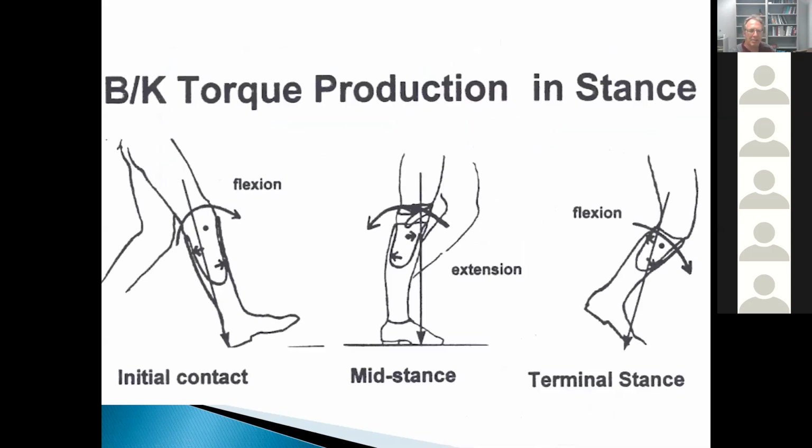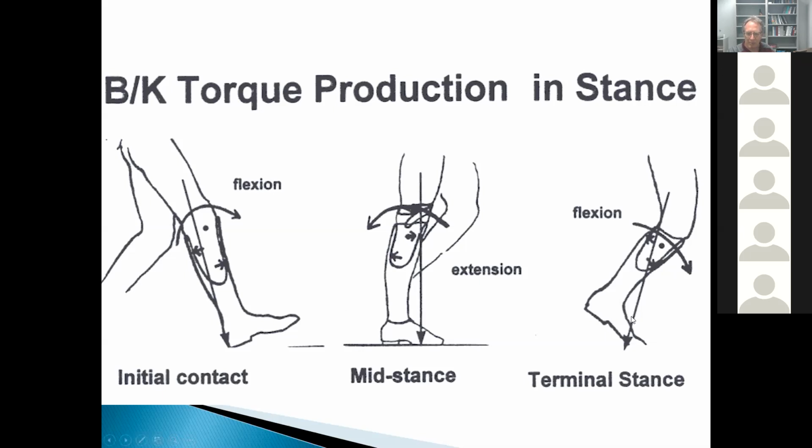Okay, and so what happens with walking, so far as the forces applied to the residual limb, is that we have an external flexion moment with initial contact, and so that has to be resisted with activity of the quadriceps. And then during mid stance, we have an external extension moment.